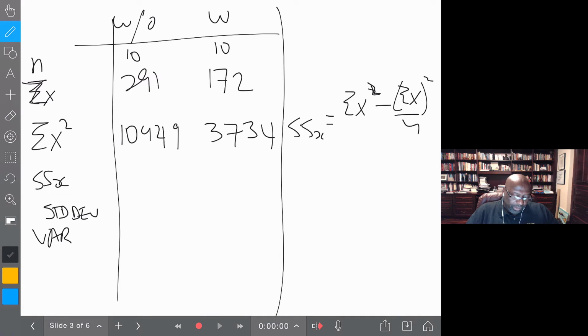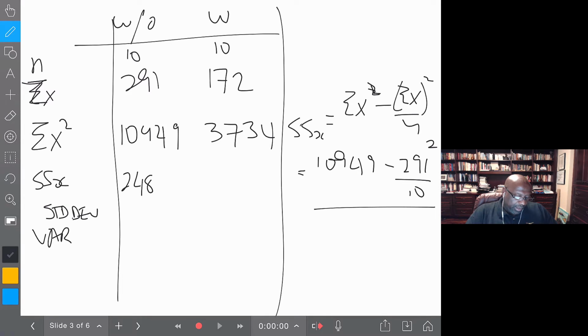So in the case without, that value would be 10,949 minus 291 squared over 10. That's my SSX value right there, and that SSX is 2480.9. If we repeat that for the second one, we'll get an SSX of 775.6.